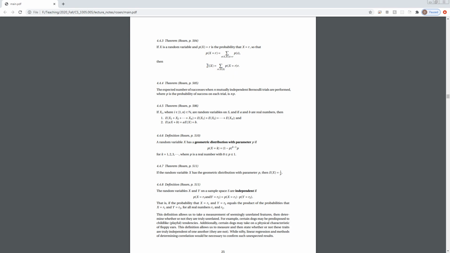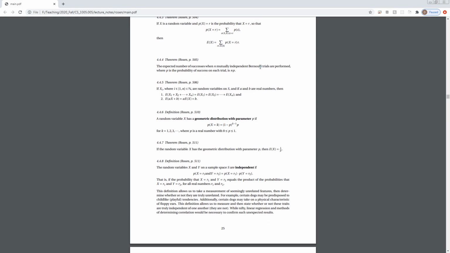And so the expected value is this weighted probability of rolling a 2 times the value 2, plus the weighted probability of rolling a 3 times the value 3, and so forth up until you've done all of the possibilities in the sample set. And then those averages will give you the expected value, and the expected value in that case is a 7.